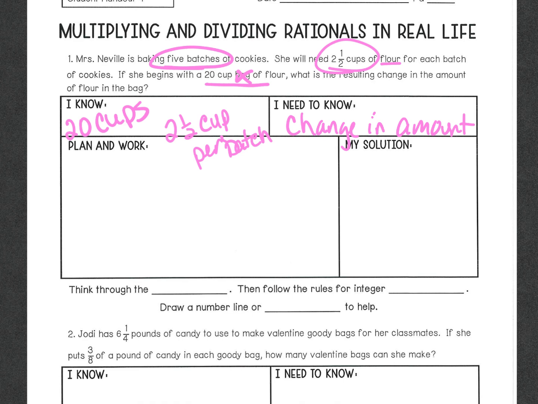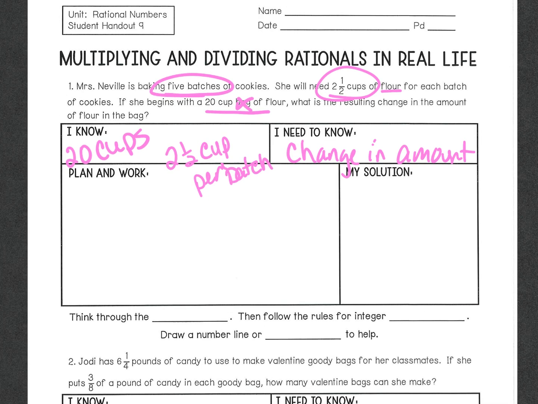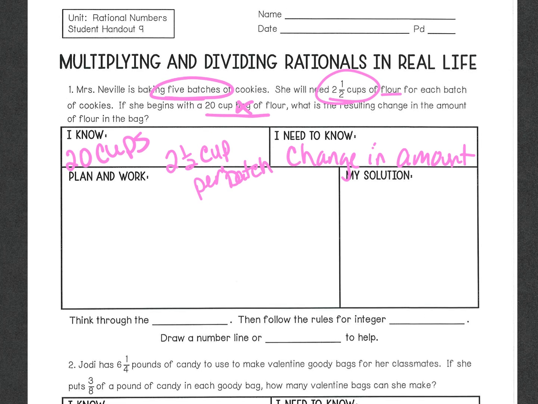Okay, sorry, we even forgot one thing. We also know that there are 5 batches. Okay, so it's 2.5 cups per batch times 5 batches.